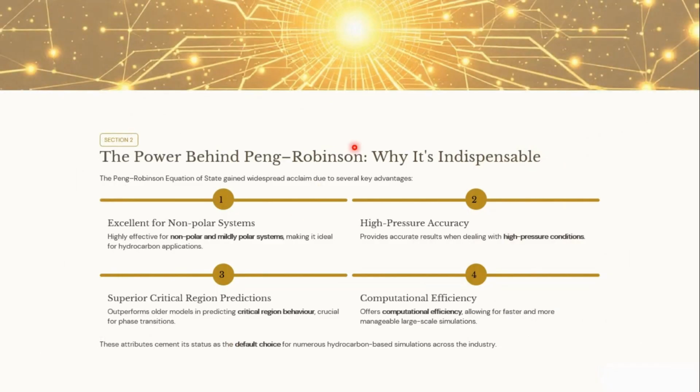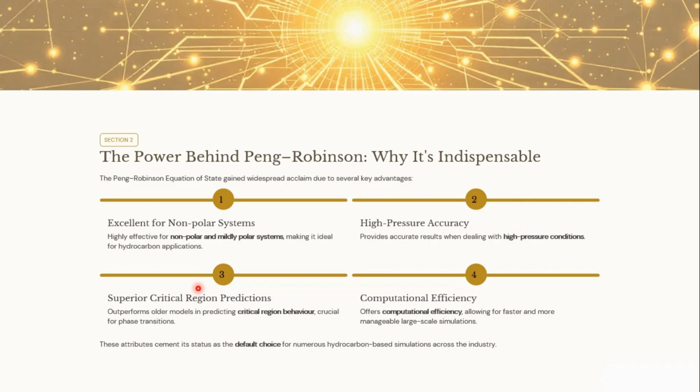The power behind the Peng-Robinson, why it's indispensable. Number one, it is excellent for non-polar systems, highly effective for non-polar and mildly polar systems, making it ideal for hydrocarbon applications. Number two, high pressure accuracy, it provides accurate results when we are dealing with high pressure conditions.